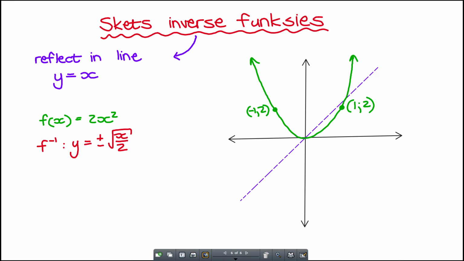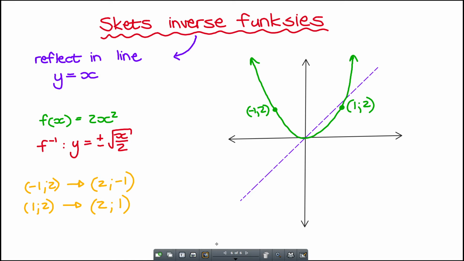Or, because we know inverse, remember, of that graph, we said minus 1 and 2 will become what? 2 and minus 1. So I can immediately plot that point without even having to do any calculations. And that other coordinate of 1 and 2 will become 2 and 1.